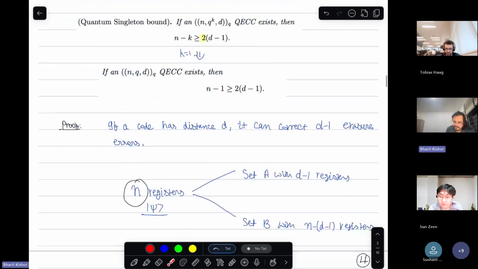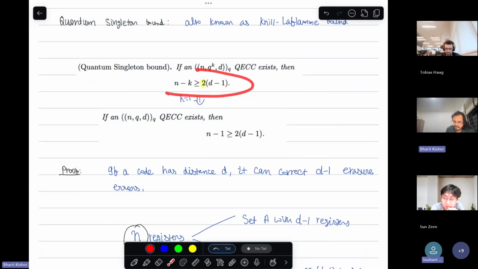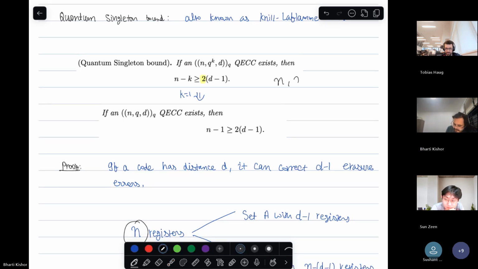Here you have the relation like this: n minus k is greater than or equal to 2 times d minus 1. You put those numbers. Okay, let's try. So what do we have? We have n minus 2, 2. So what is n minus k? n minus k is n minus 2, which is 2.